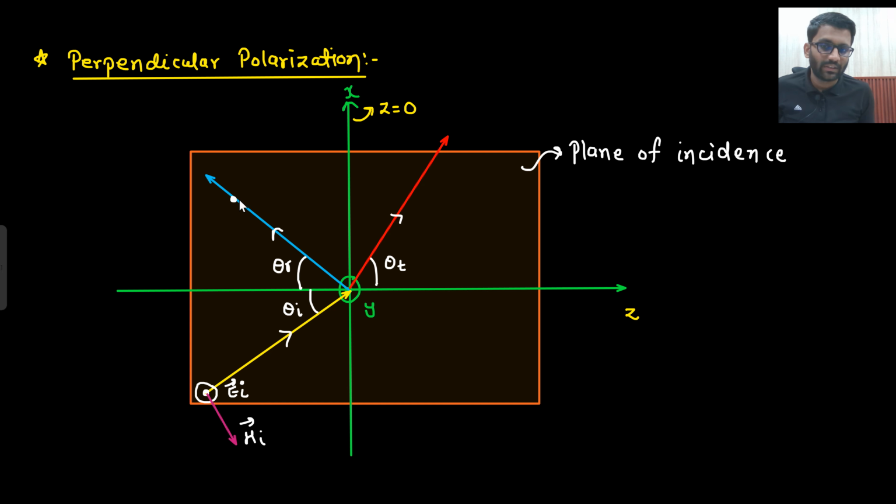Now I am assuming, this is my assumption, that my reflected electric field is also coming towards me. So what is the assumption we are making? That the incident, reflected and transmitted electric fields are all in the same direction. In the previous case, when we were studying normal incidence, the same assumption was made while deriving the formula. In perpendicular polarization also, incident, reflected and transmitted electric fields are all in the same direction.